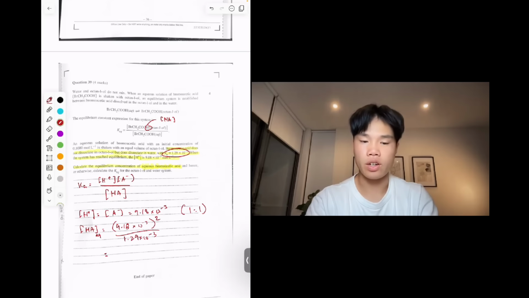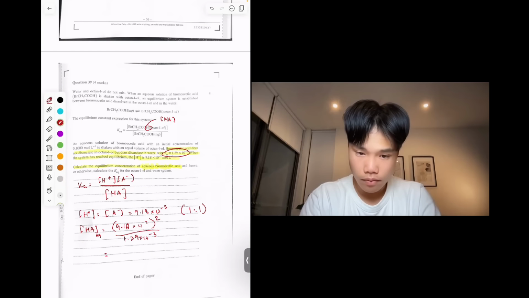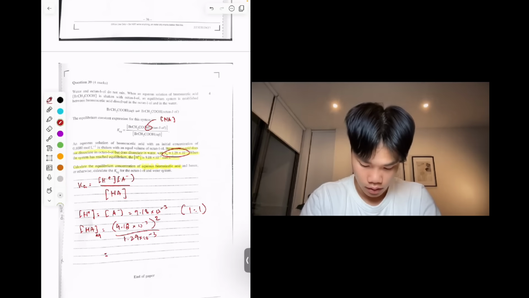So this HA concentration is 9.18 times 10 to the negative 3, all squared, divided by 1.29 times 10 to the negative 3.